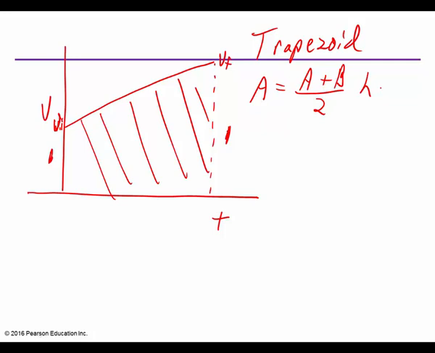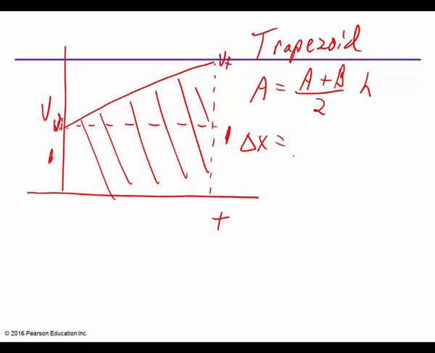If you recall, the area of a rectangle is the length times the width. So V initial times T is delta X. So delta X is equal to, now let's plug in the area of a trapezoid equation.